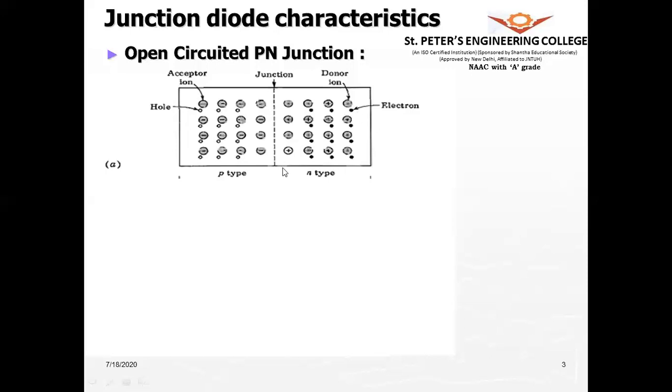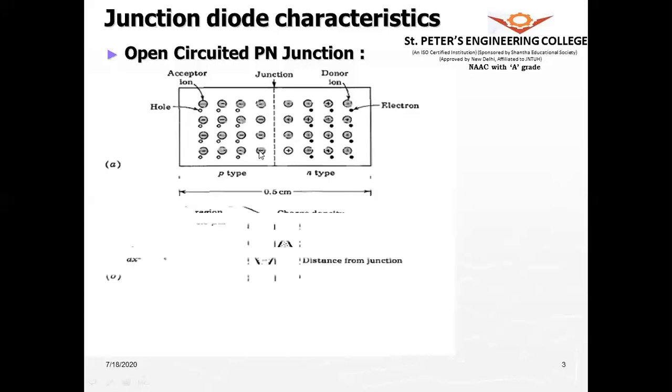The PN junction will be formed when the p-type and n-type semiconductors are joined. We are looking at semiconductor material of p-type and n-type, which is of size, let's say here, 0.5 centimeter.